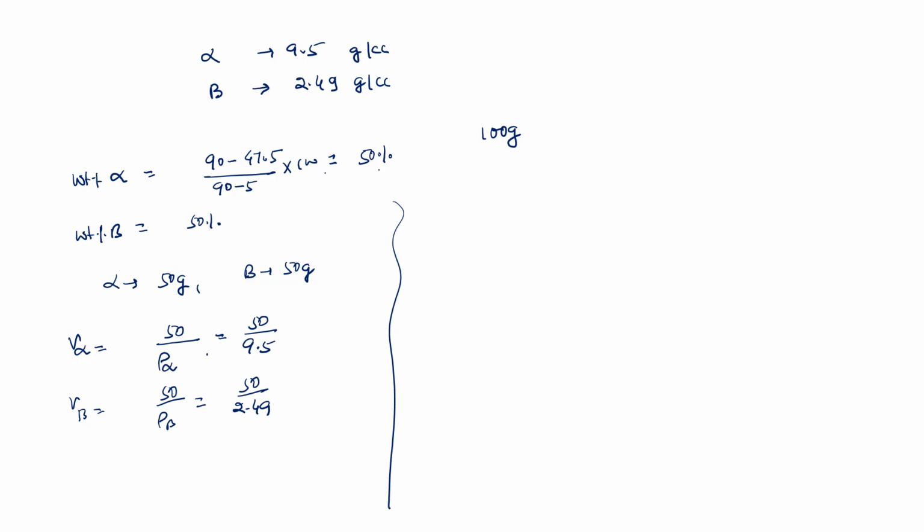So the volume fraction of alpha will be volume of alpha divided by volume of alpha plus volume of beta, that is 50 by 9.5 divided by (50 by 9.5 plus 50 by 2.49).